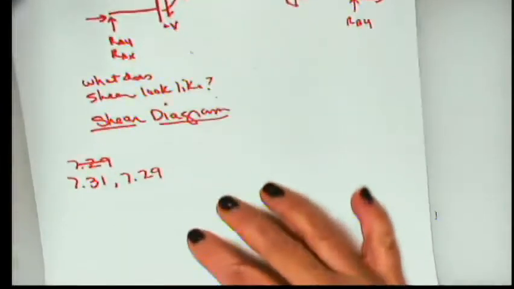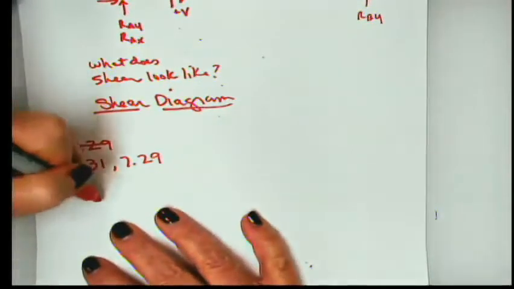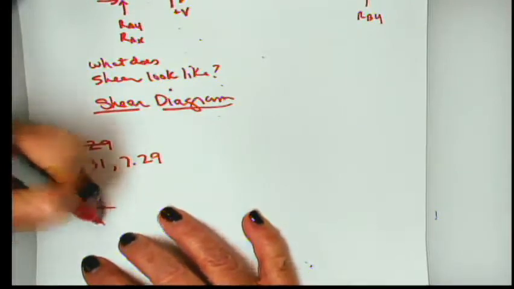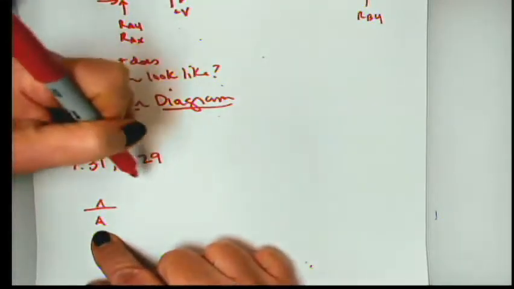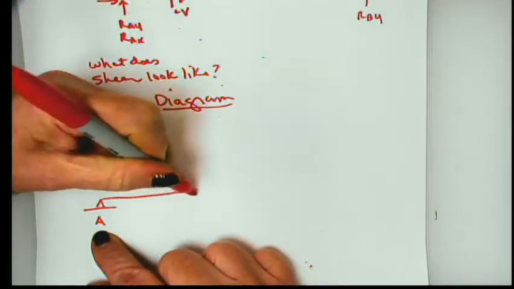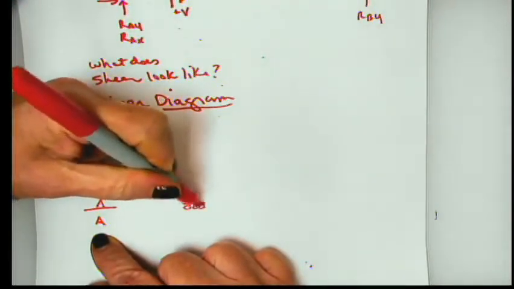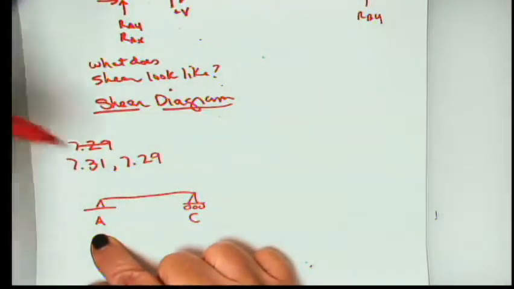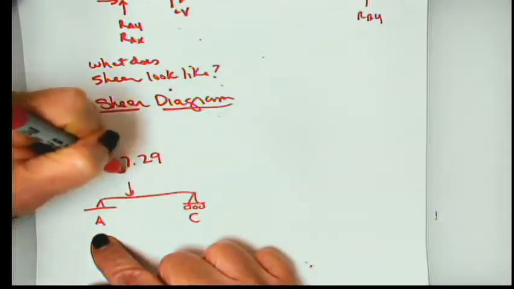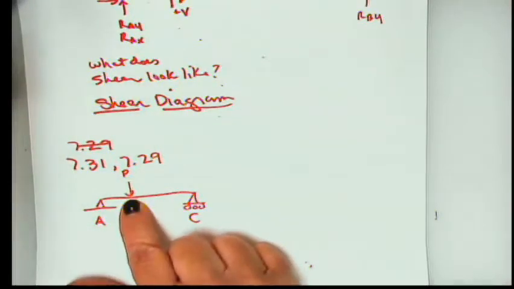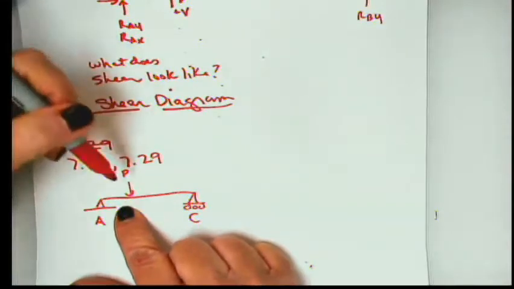Okay, so 7.31 looks like this. We have a rigid support at point A. We have a rolling support at point C. And here at point B, we have a load P.